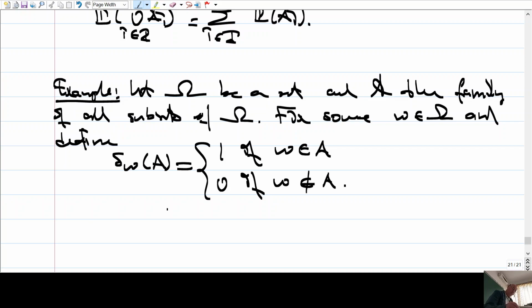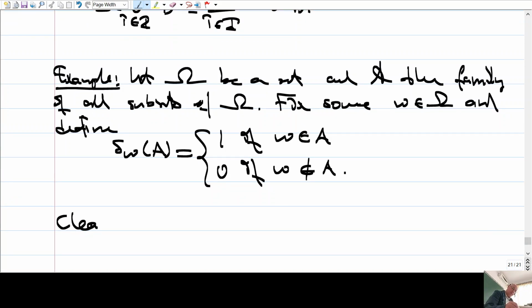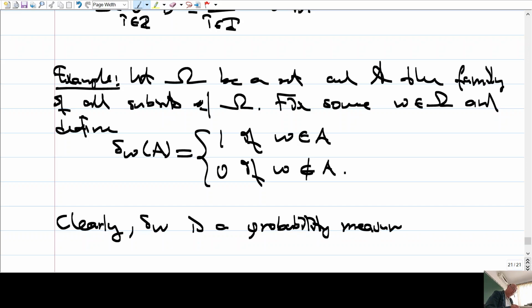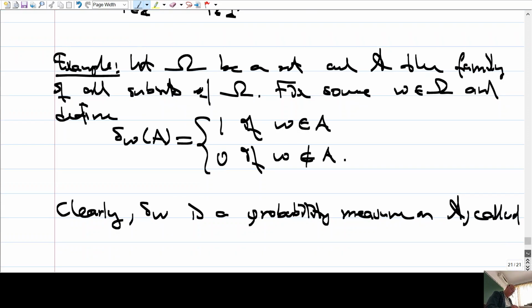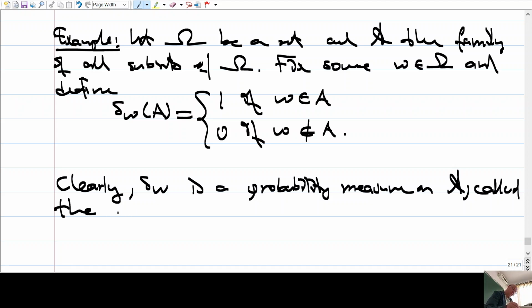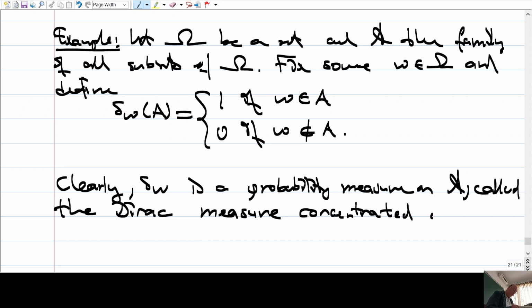Okay, so clearly delta omega is a probability measure on A called the Dirac measure, the Dirac measure concentrated on omega.